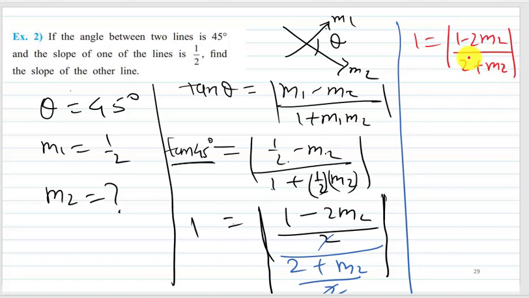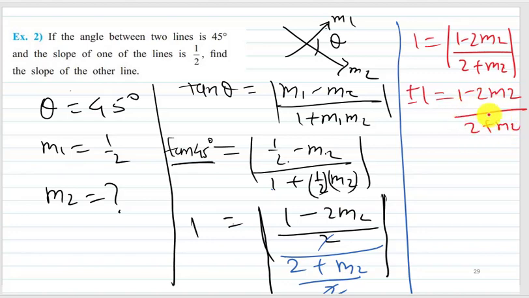Now as the modulus operator is there, we have to take plus minus sign while taking out the term outside the modulus operator. So every time remember, you can put the plus minus sign on the left hand side or on the right hand side. Putting plus minus sign on the left hand side will be much easier in this case.